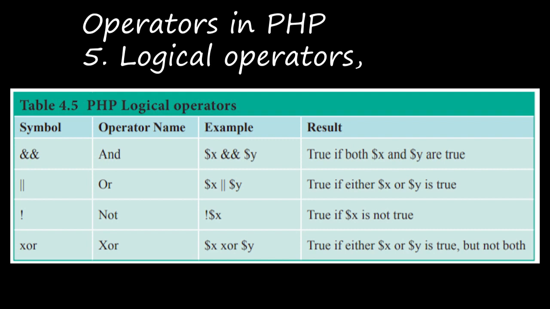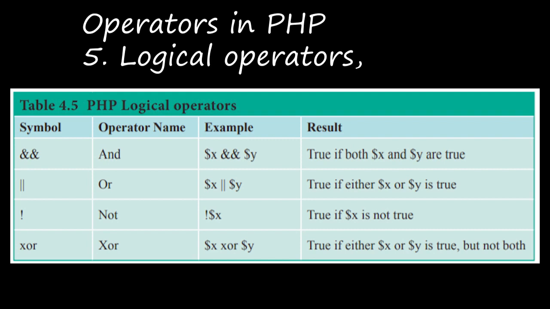Not has only one value; if that is not true, the result will be true, and if it is true, the result will be false. XOR means if any one is true, the result will be true. If both are true, the result will be false. Only if exactly one is true will the result be true.